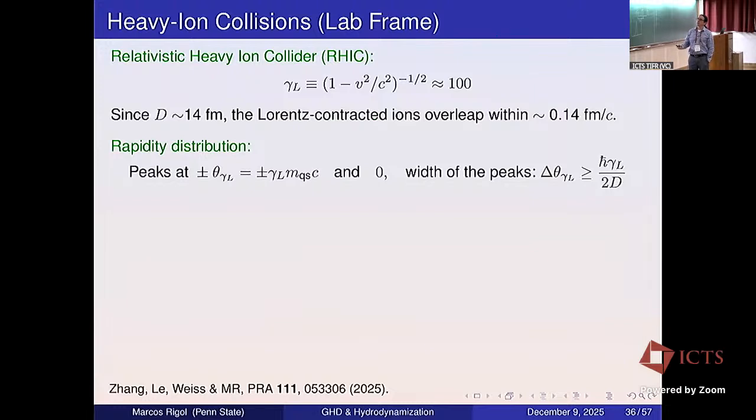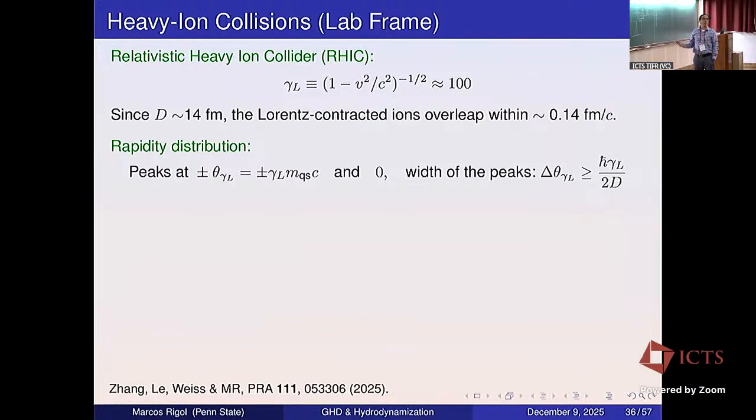And you see their momentum is determined by the gamma factor, right? So you have these two guys coming, and then you have zero momentum, which is that quark-gluon plasma that is being left behind, right? We don't know the mass of the quasi-particles, but if we would know it, then we would know what these momenta are. The other thing that we need is the width of the peaks. We also don't know the width of the peaks, but we know quantum mechanics.